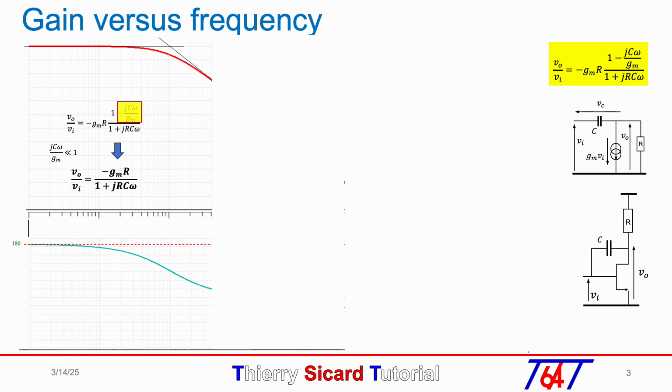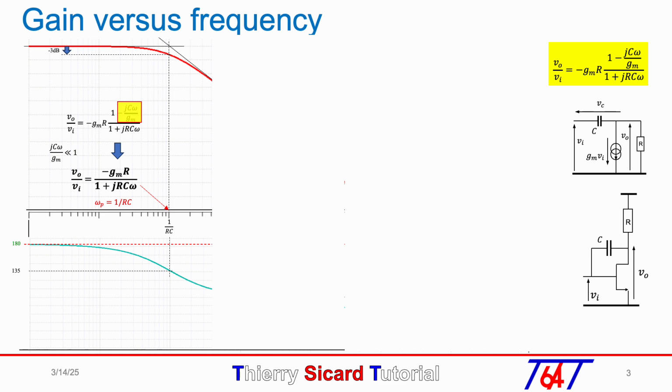So the gain equation only has the pole omega p equal 1 over RC. At this angular frequency omega p equal 1 over RC, the gain is minus 3 dB relative to the asymptote and the phase is 135 or 180 minus 45 degrees.